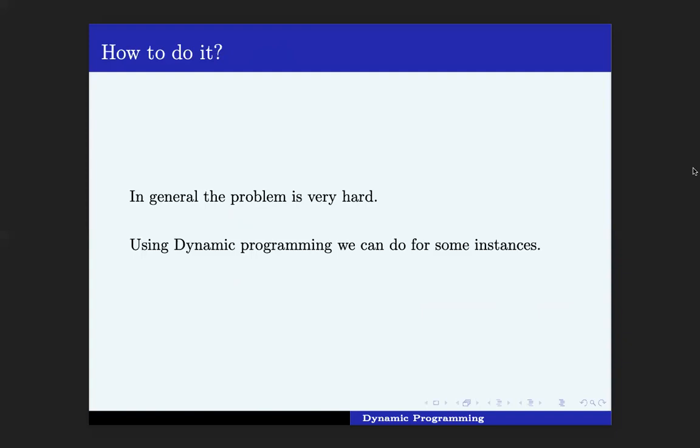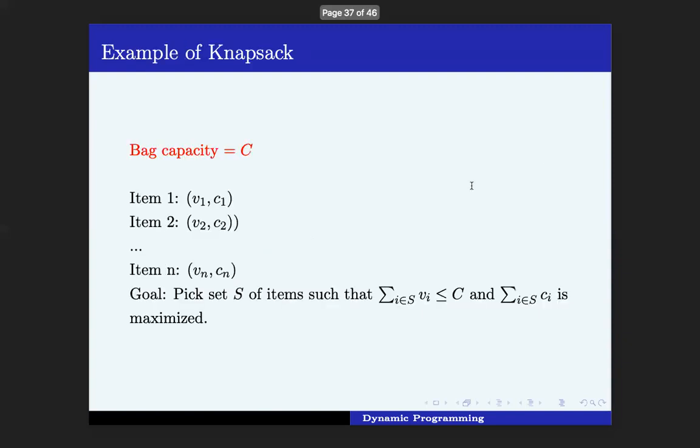But still, if I tell you that it is an NP hard problem, a question is: what is the input here? If we are not worried about the bit representation of the values of C and such things, then can you come up with an algorithm that solves this problem in some nice way?